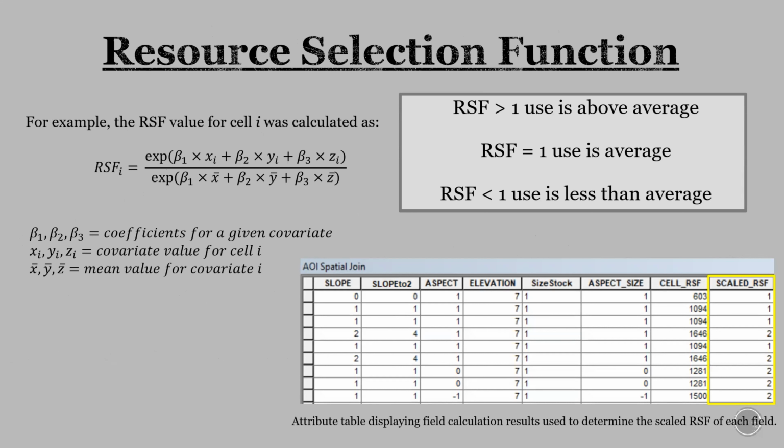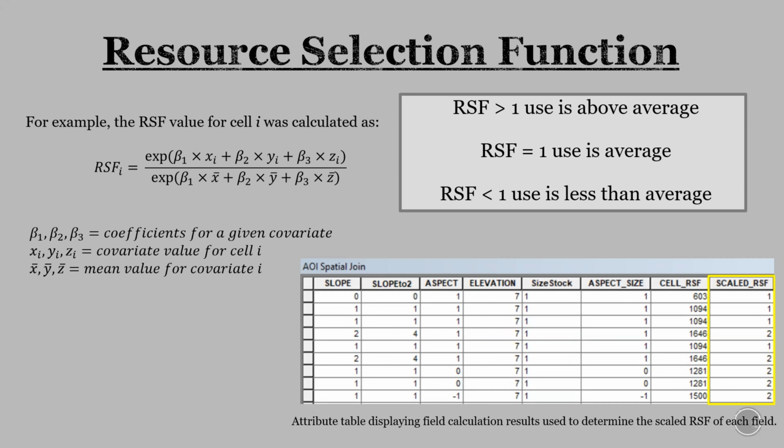So here you can see the equation chosen for the RSF from the best fit model. And I have my attribute table there where I use the calculation provided from the best fit model to run field calculations for each variable and covariate added.